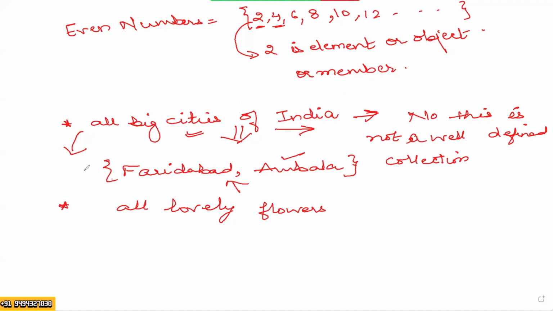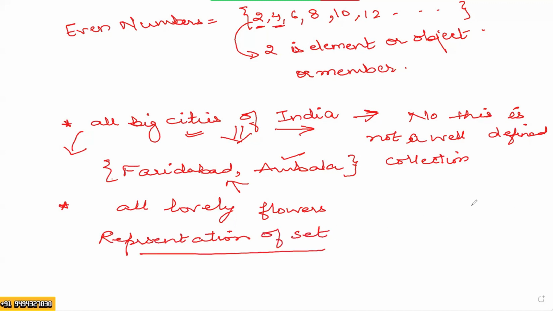And suppose, children, if you are representing any set, on the left hand side, your alphabet should be in capital letters. So A would be, if I'm representing here, {2, 4, 5, 6, 7, 8}.